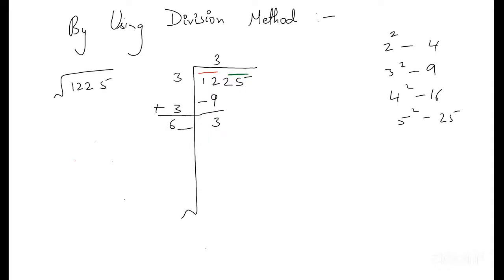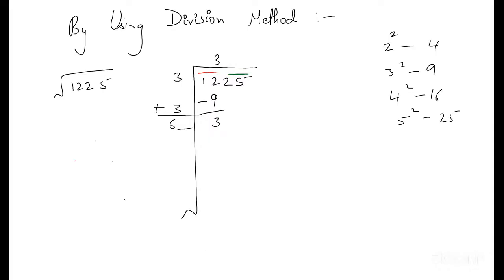Then I will copy the next pair, not just 2, but the whole pair, 25. Why did we make pairs at the start? So that we can bring down the whole pair.